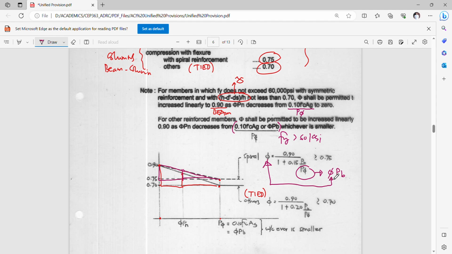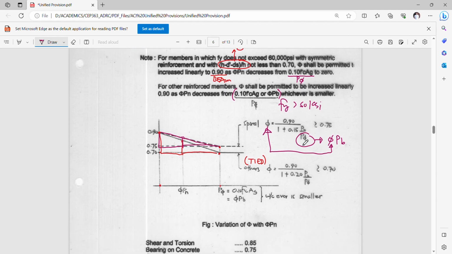Okay, so the formula does not apply directly when Fy is greater than 60 ksi. So that's the only thing you need to consider in using these two formulas. Again, this was derived simply by using ratio and proportion.